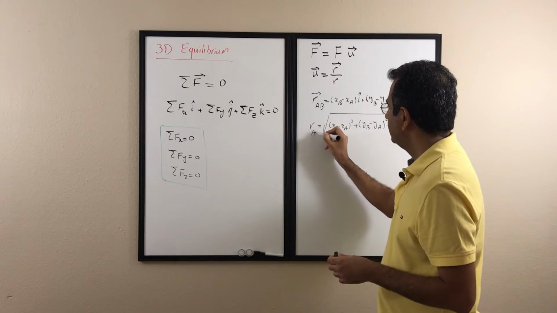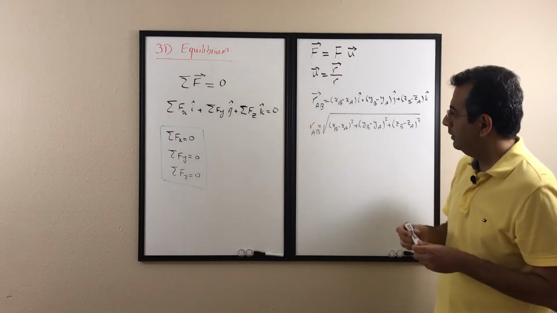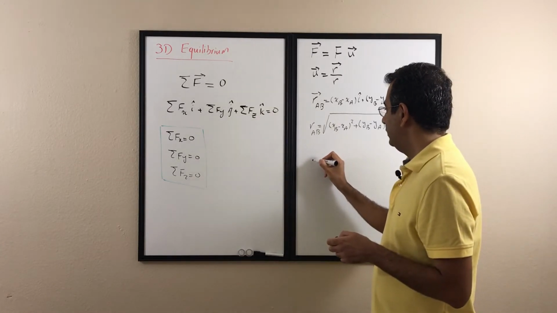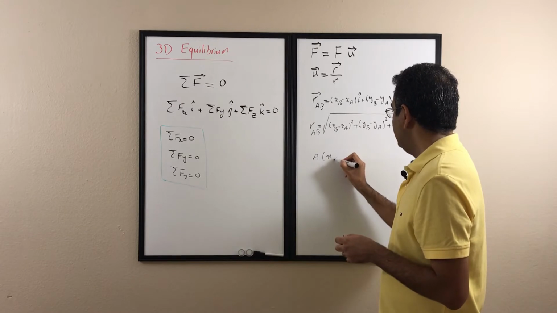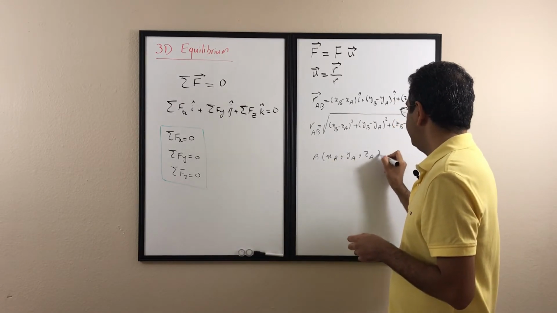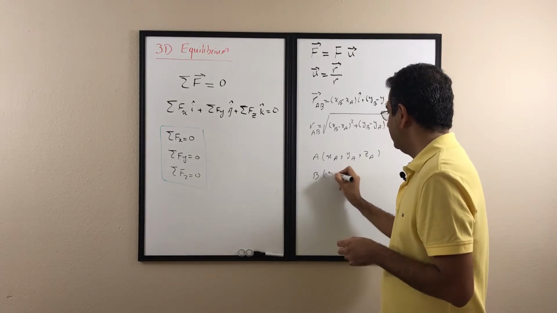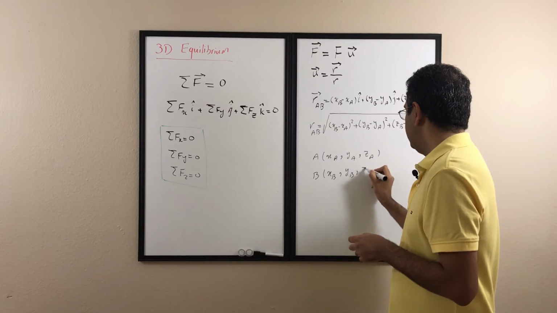So it's the magnitude of any position vector going from point A to point B. So if I have point A with coordinates xa, ya, za, and point B with coordinates xb, yb, zb.